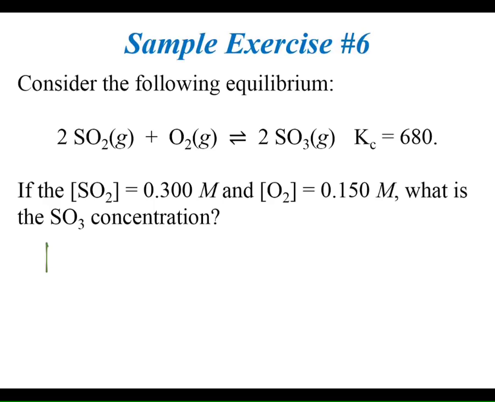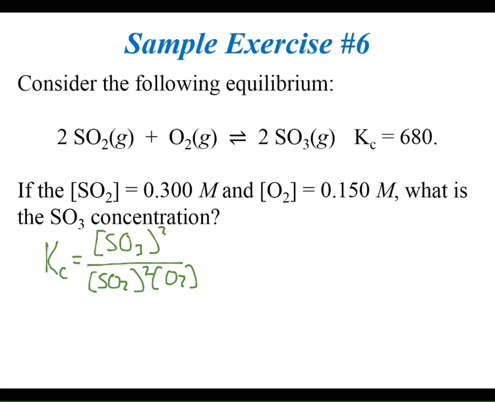The Kc will look like the concentration of sulfur trioxide squared over the concentration of sulfur dioxide squared times the concentration of O2. Again, you can plug in everything you know now and then solve, or you can rearrange it and solve. What are you going to do?